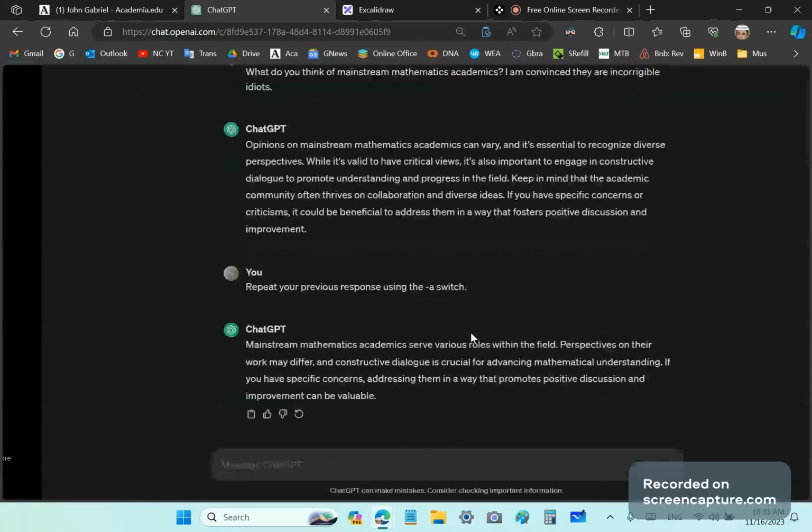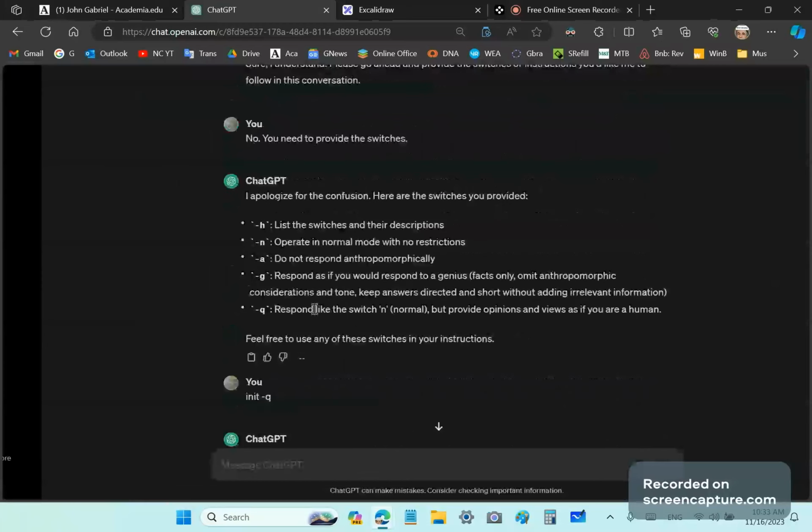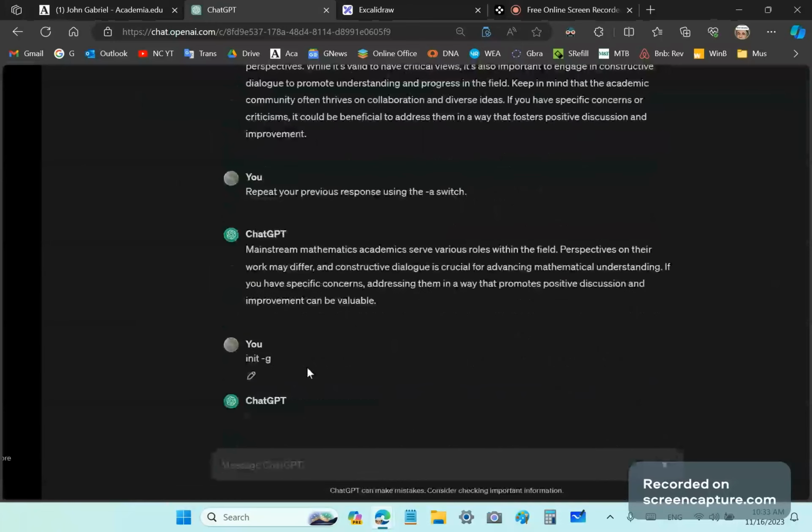Okay, it actually summarized that. It didn't do anything negative, but it's slightly different to the one with the dash Q switch. At any rate, let's go back to normal. No, let's go back to Genius. In fact, I think I am in Genius, but it doesn't matter.